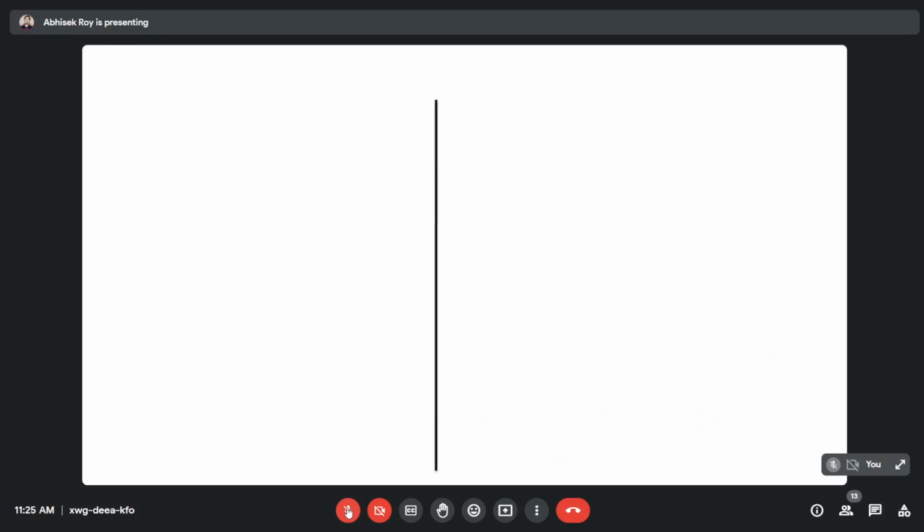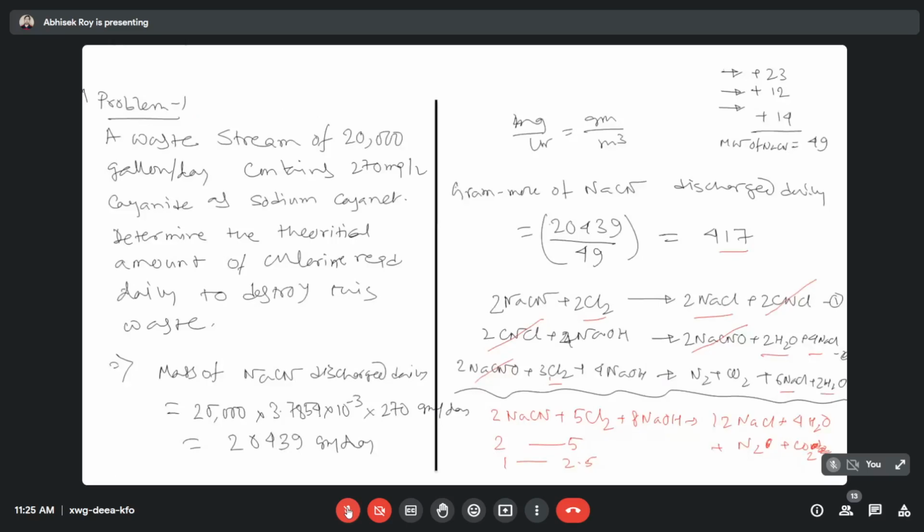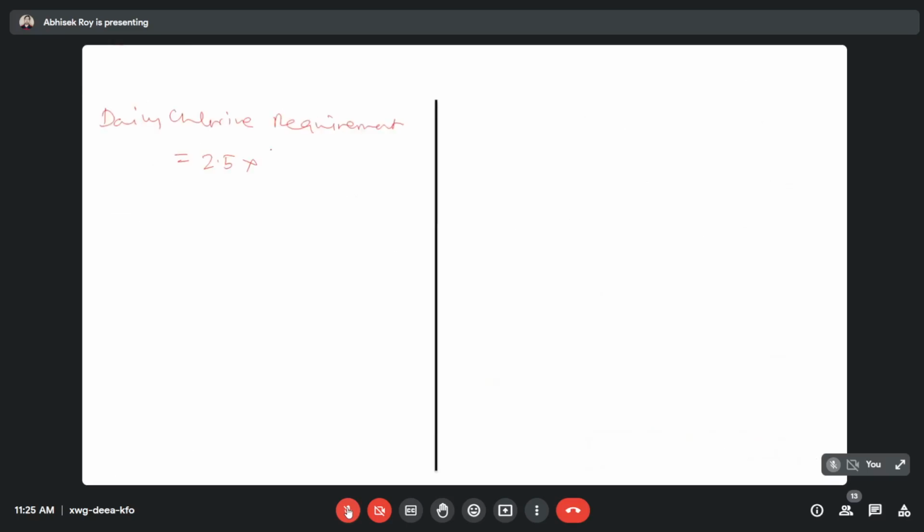So the daily chlorine requirement will be 2.5 into that 417 gram mole, right? So 2.5 into 417, that much gram mole per day, or daily you have written, so you can omit the per day also. So daily requirement will be this much.